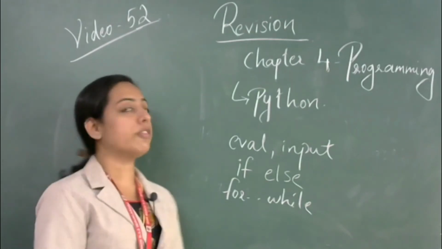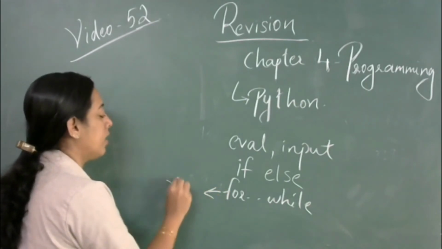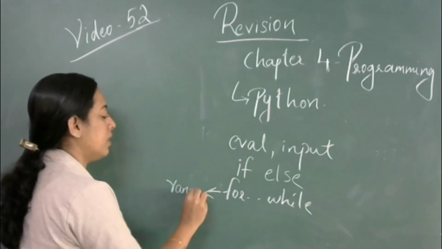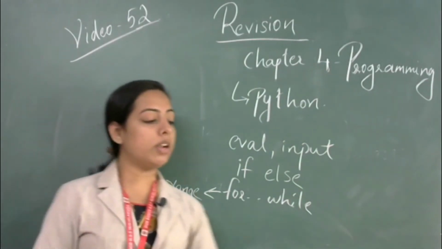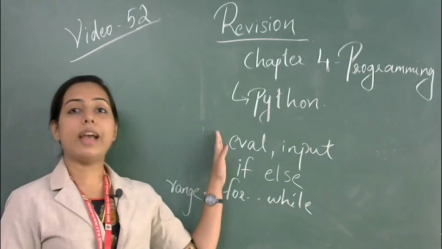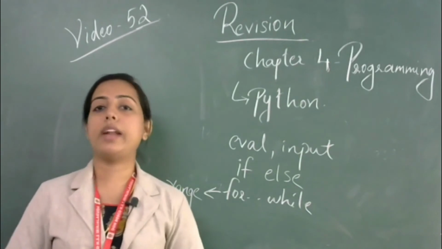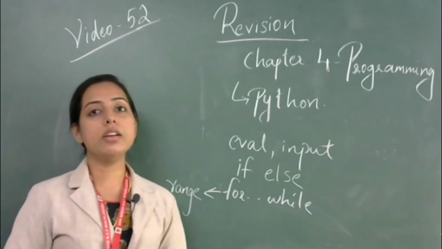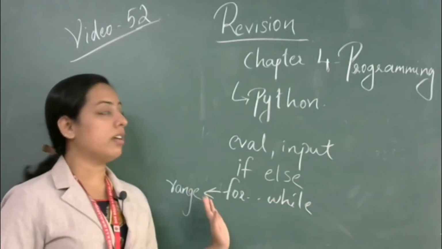Inside this for statement we are using one other function called range, isn't it? The range function. So these are the important topics in the fourth chapter. I will show different activities of these programming statements using these functions: the if function, eval and input functions, then range.